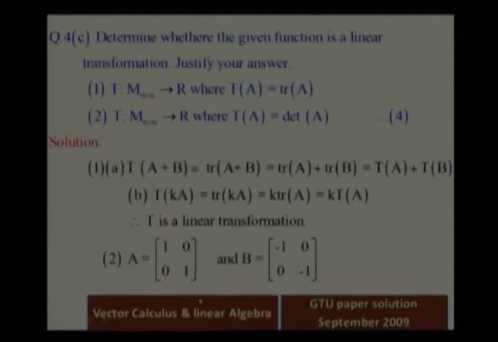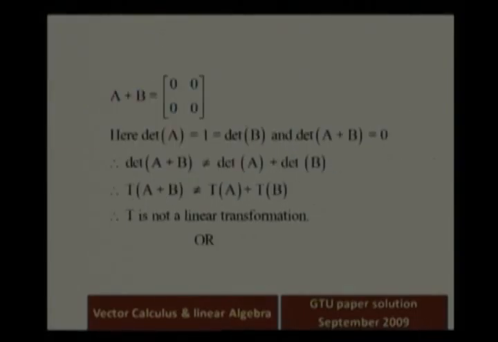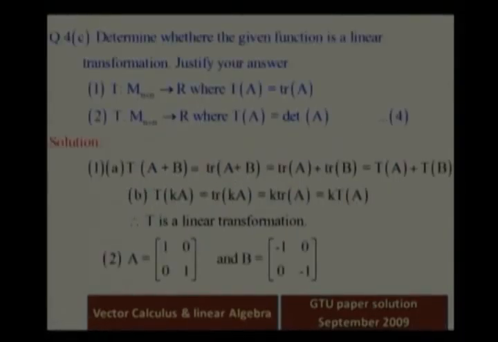What is determinant of A? 1, right? What is determinant of B? That is also 1. Now what is A plus B? A is 1 0 0 1, B is -1 0 0 -1.